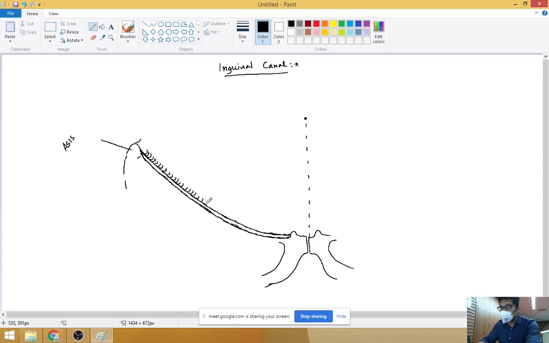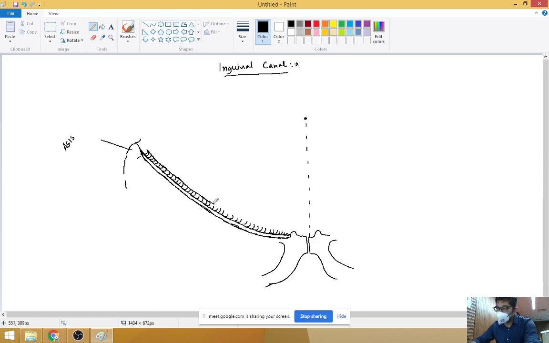I'm trying to draw the concave margin down. So this is the inguinal ligament, which is being formed by the inward rolling of the aponeurosis of the external oblique.